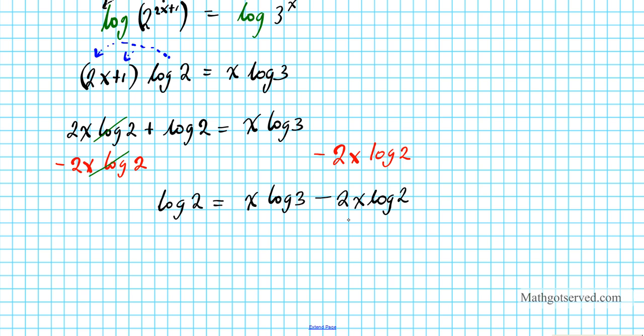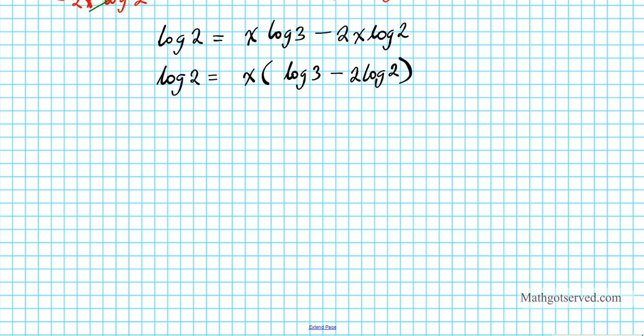Now on the right side, I'll factor out an x and then isolate the x by division. So I'm going to have log 2 equals x times the quantity log 3 minus 2 log 2. To isolate my x, I'll divide both sides by this quantity in the parentheses, log 3 minus 2 log 2.